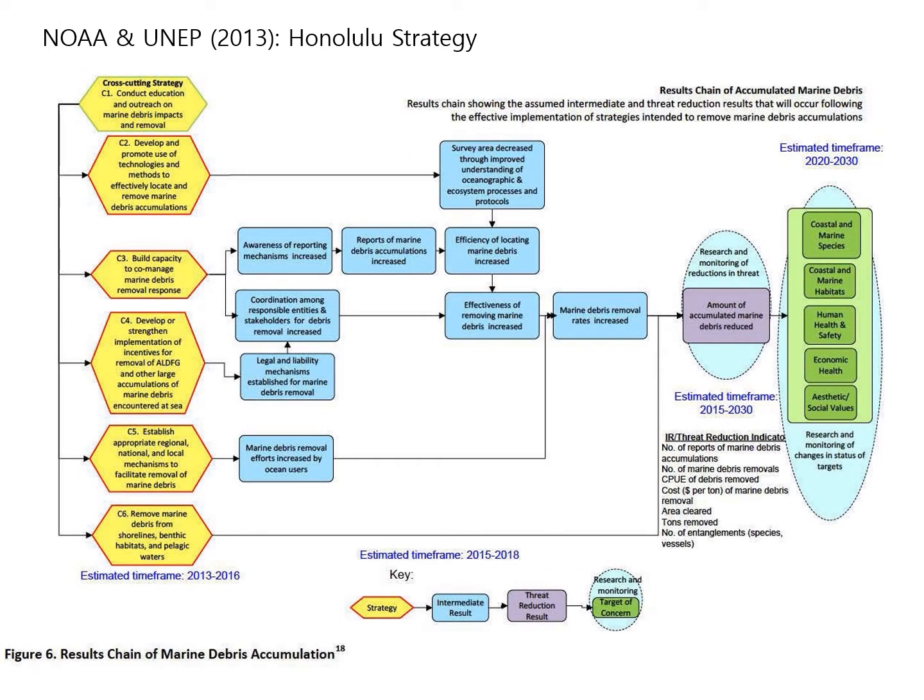The result chain was used to examine how the strategies work in immediate and threat reduction results and can contribute to achieving the ecosystem target goals.